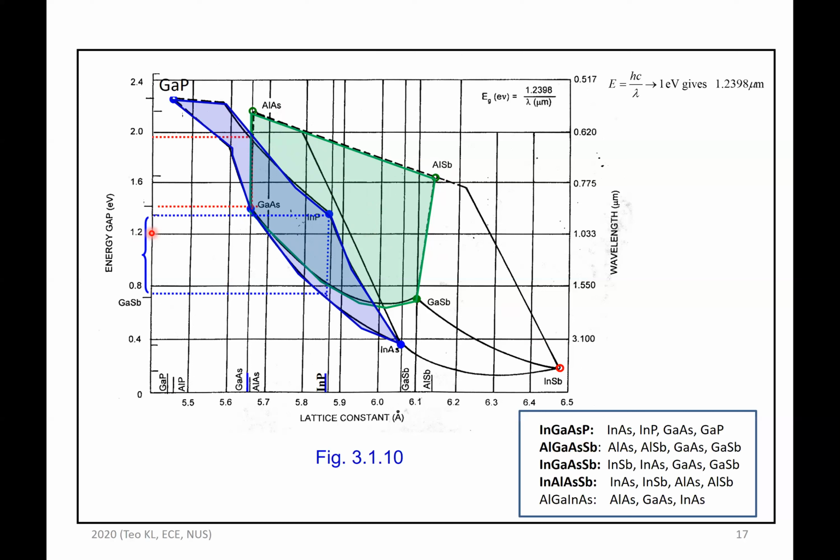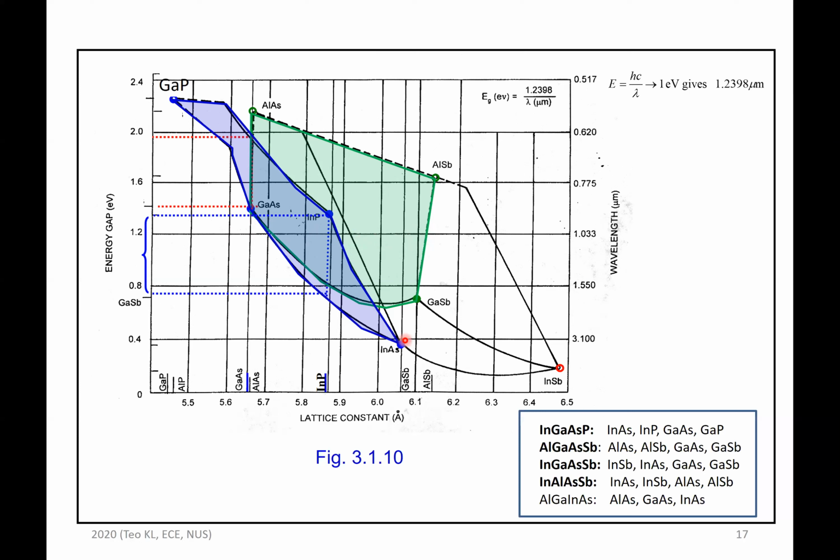It will be in this green region, along this horizontal axis, but I need to look for a substrate with a lattice constant I can grow upon. So probably I'll pick this point. Okay, I grow 1.2 eV aluminum gallium arsenide antimonide.